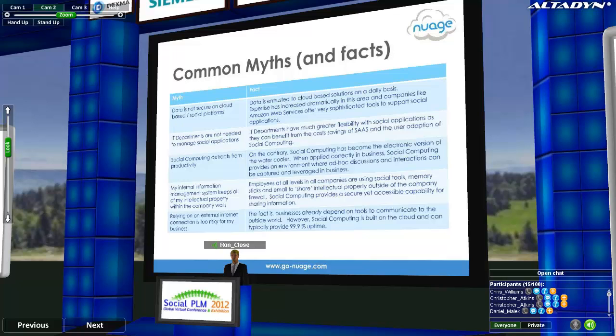And the last one is an interesting one: the reliance on external internet connection is too risky for my business. And I do see that this is true, but not only for social computing, for anything. I remember a few years ago at one of the major companies I worked for, the internet went down for like 3 hours, and you saw people come out of their offices and cubicles that you hadn't seen in 3 years, right?